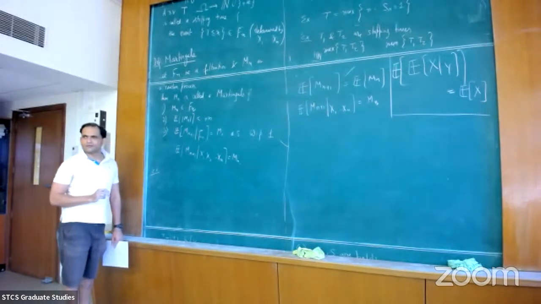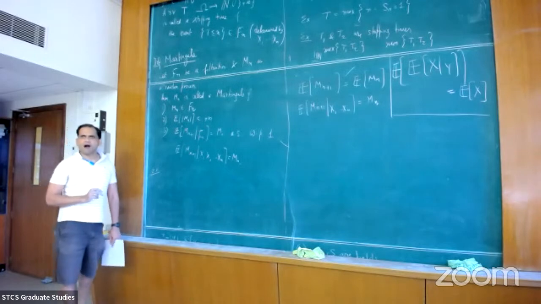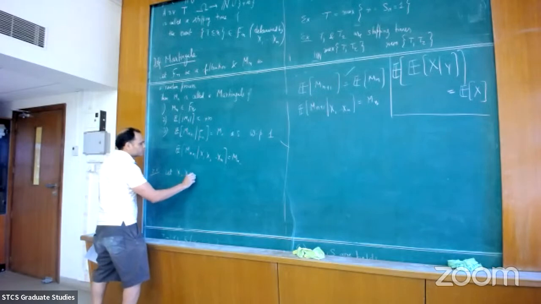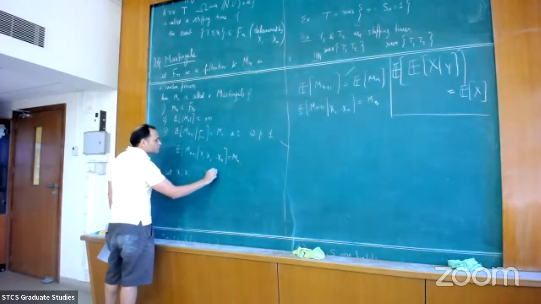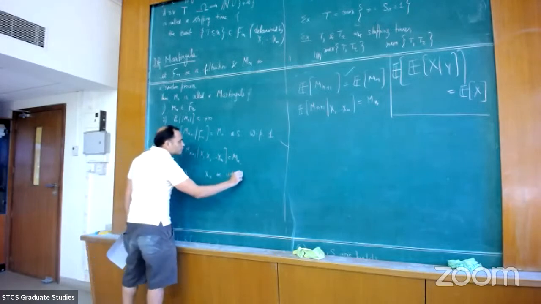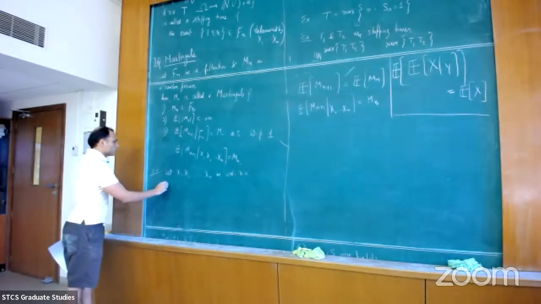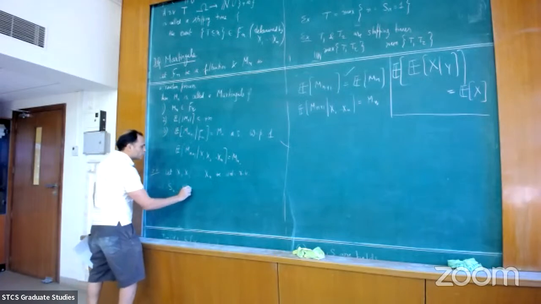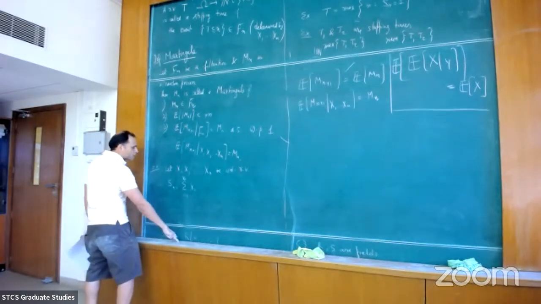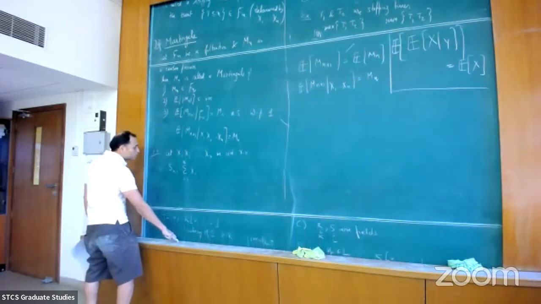Because if it won't be 0, then there will be one term remaining and the equality won't hold. So what is the claim? S_n is a martingale.